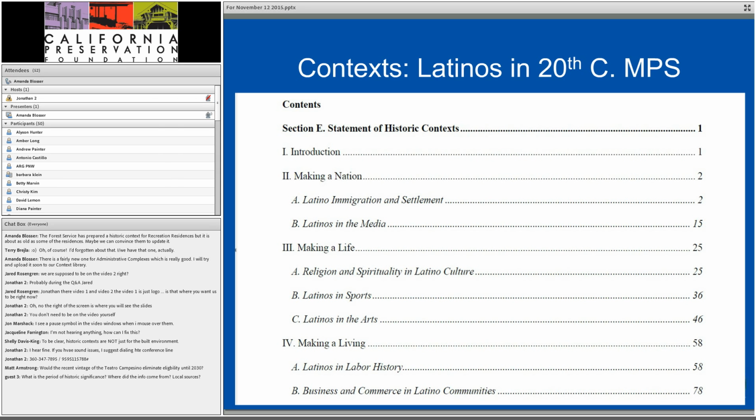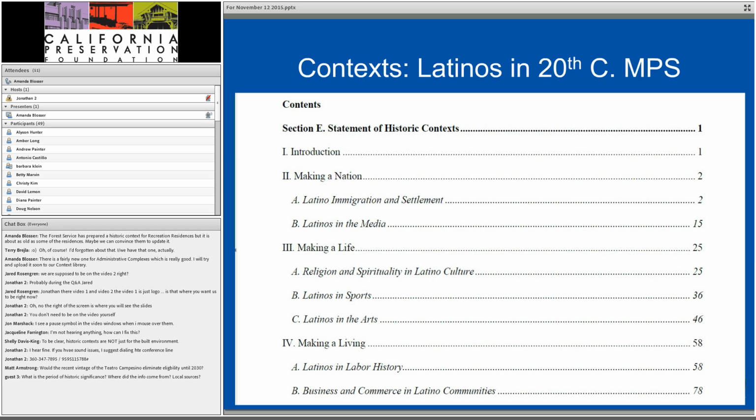We want to place it within a broader context of Latinos in California, their role in the history of California, and then maybe how this specific resource fits into that broader context. And we see here making a life, religion and spirituality, Latinos in sports and the arts, and on and on.